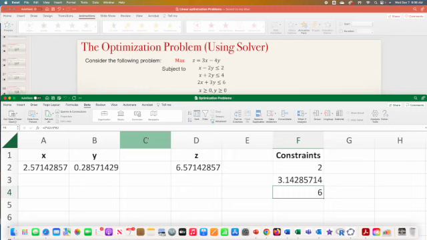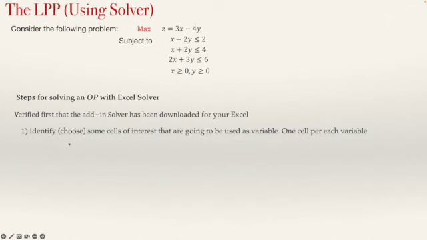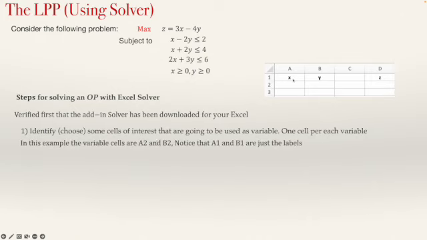Okay, so this explains how to use Excel. Let's summarize this. As a first step, identify some cells of interest that are going to be used as variables. One cell per each variable. For example, in this case, we have the variables x and y, and this is just a part of the Excel spreadsheet. In these examples, the variables are going to be A2 and B2. And notice that A1 and B1 are just the labels.